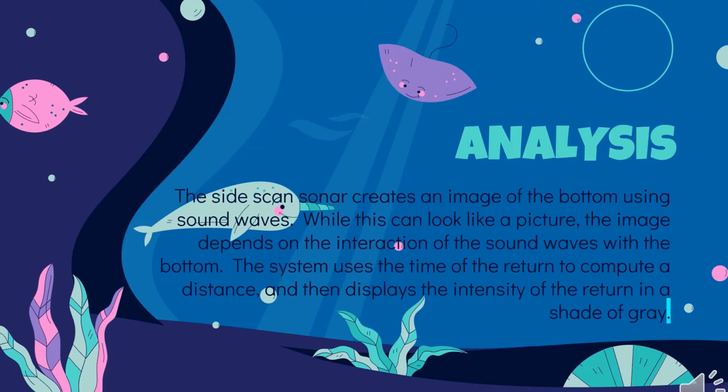While this can look like a picture, the image depends on the interaction of the sound waves with the bottom. The system uses the time of the return to compute a distance and then displays the intensity of the return in a shade of gray.